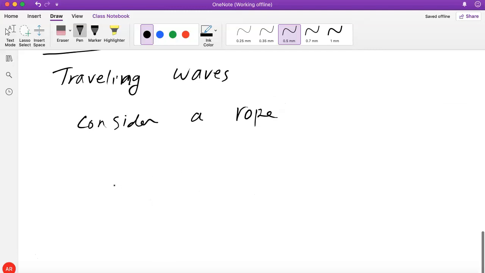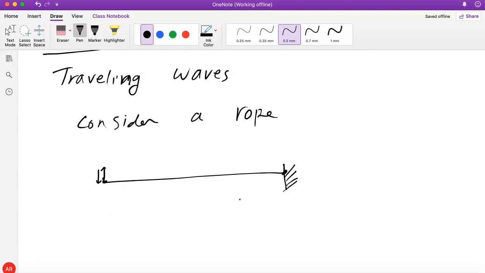You fix one end of it and it's under tension, and then you take this point, move it up, and then move it down. Right? You grab one end of this rope that's under tension, that's stretched out, you move it up and down. Okay, so looking closely, you can already see what's happening.